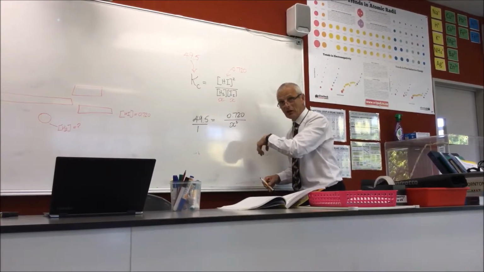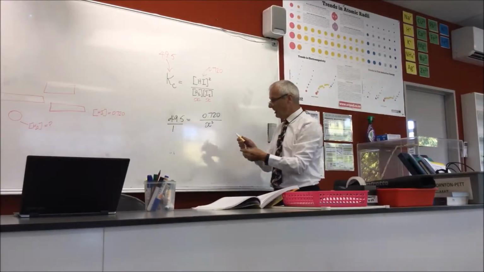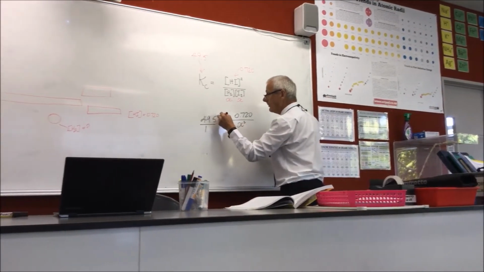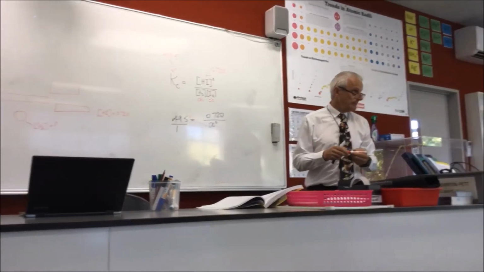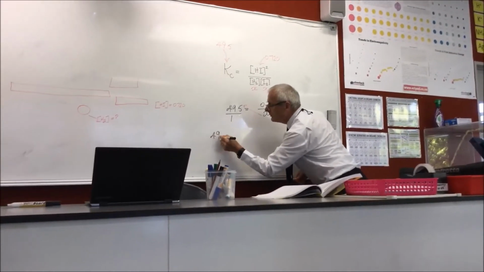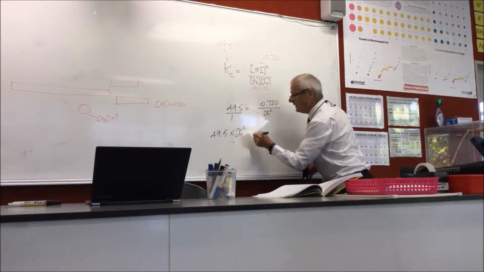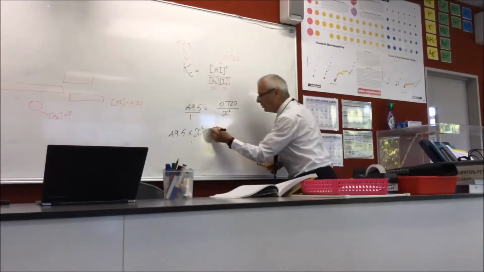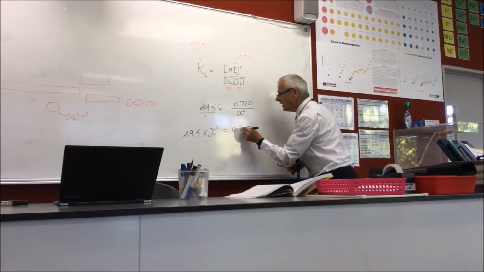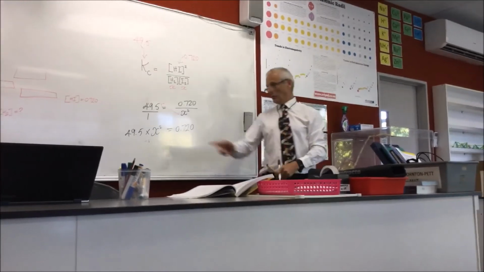A denominator must become a numerator if you're moving it across. So, this is going to go up. Yeah? So what I'll end up with is 49.5 times x squared is equal to 0.72. The problem is, I've still got this number.